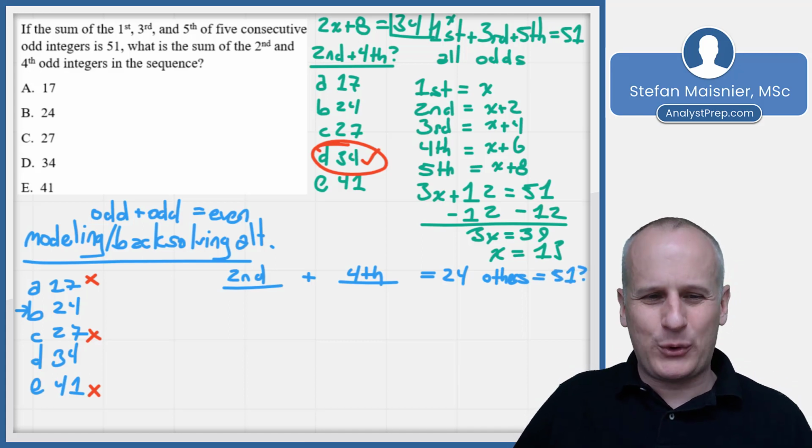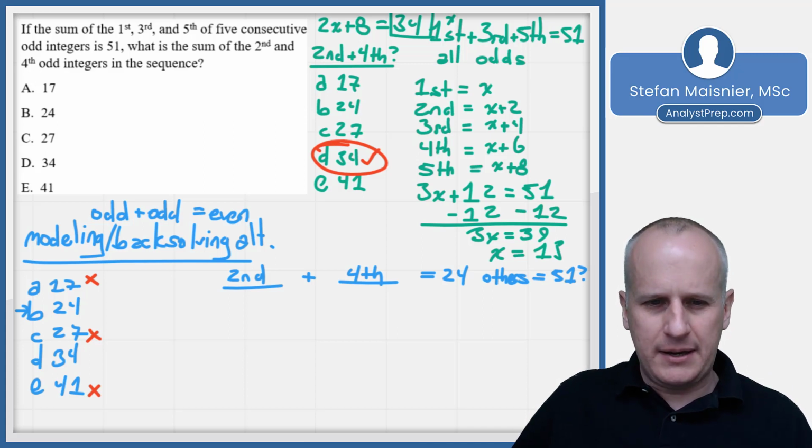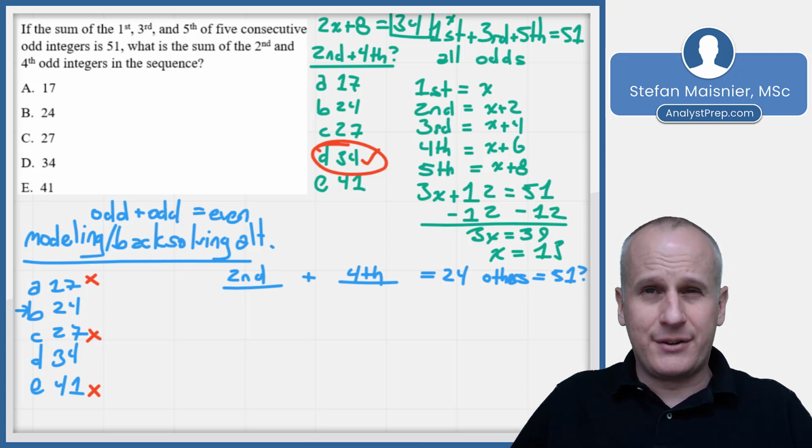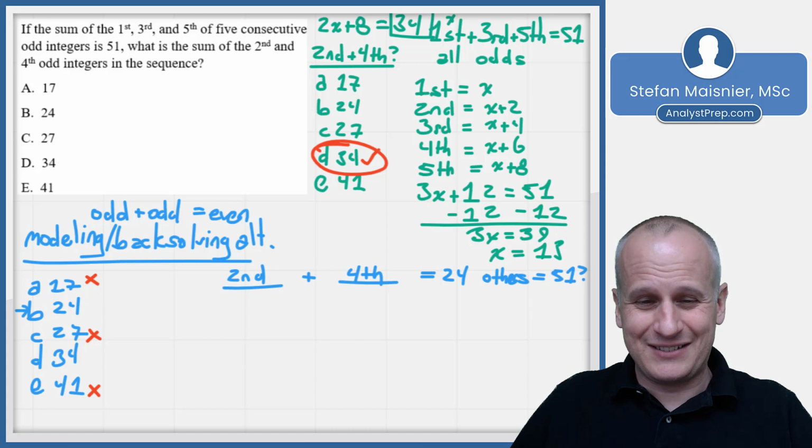So the second plus fourth to get to 24 is going to end up being 9, well, not 9 and 13, because it would have to be 11. Well, it's not going to work, is it? Because if I did 9 and 13, that's going to add up to 22. If we did 11 and 15, that's equal to 26.